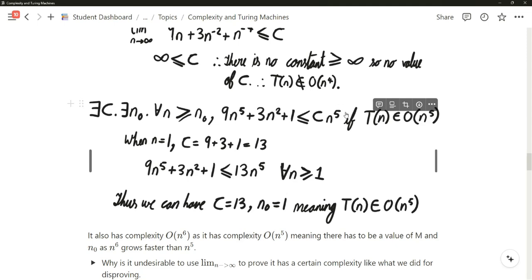And that's why I normally sub in 1. You can sub in any number, but 1 just means you don't really have to worry about what the power is. It's just going to be 1. So c is equal to 9 plus 3 plus 1, which is equal to 13.